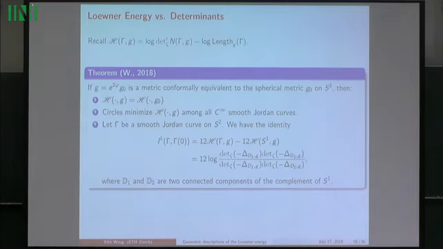Yeah. So now this is the theorem. Let me just recall this function h, that is the log of determinant of the Dirichlet-to-Neumann operator minus the length of the curve gamma.